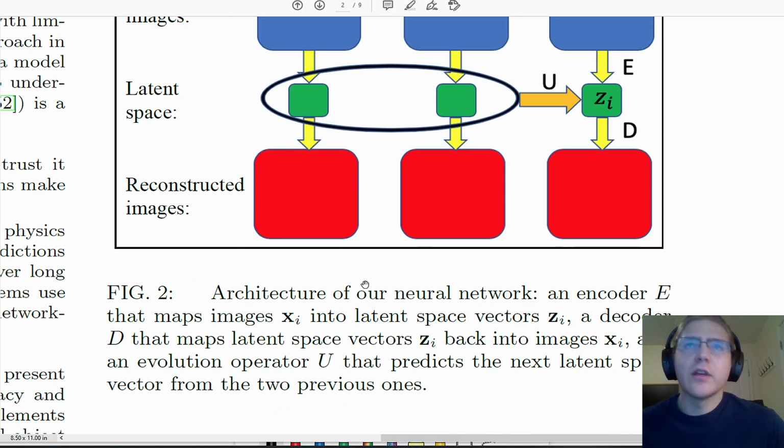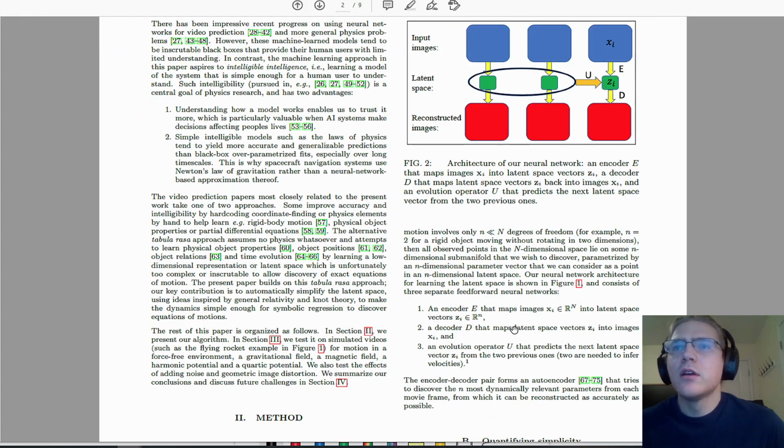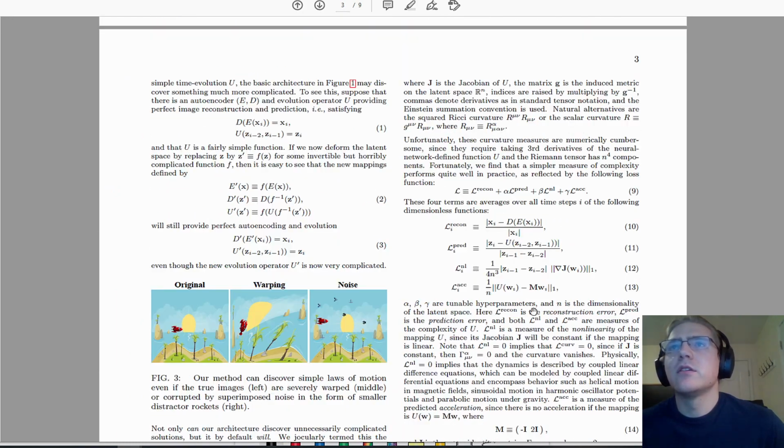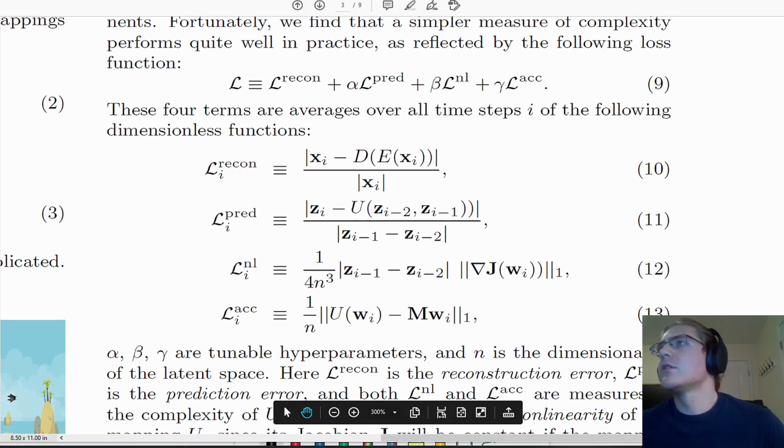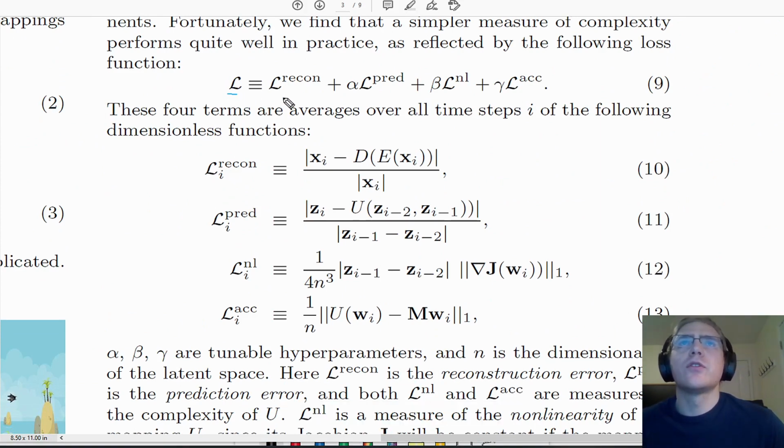So let's go ahead and look at their loss function. The overall loss function is the reconstruction loss, which is the image minus the decoded encoding of the image, and then normalized.